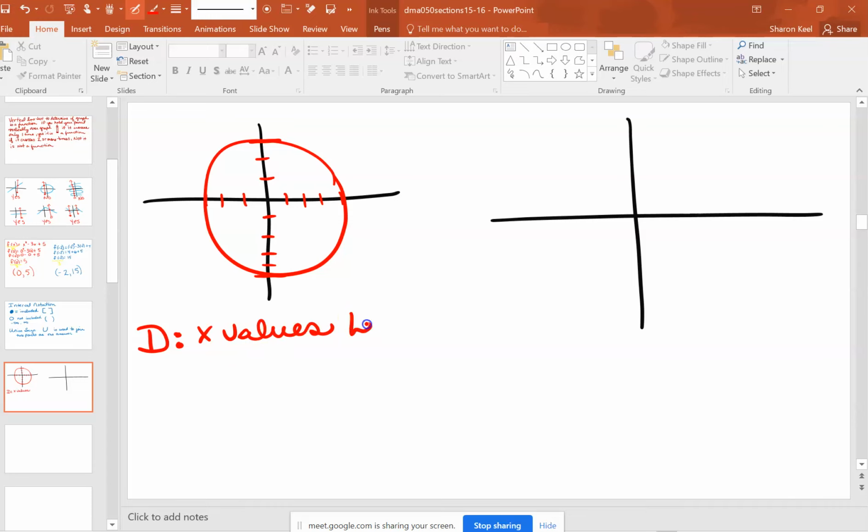X values are read from left to right. So as I look here, I'm looking for my leftmost point. -1, -2, -3. My leftmost point is -3. It includes it, so I would use a square bracket and I would write -3.